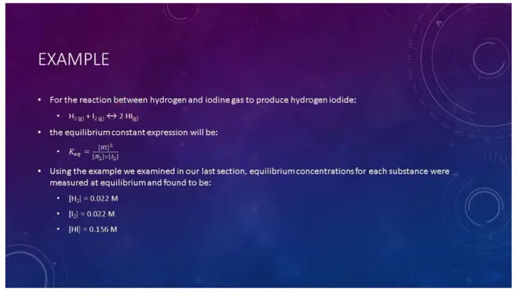Then we have the concentrations of the reactants raised to their coefficients, but their coefficients are 1, so it doesn't count. And then we multiply those together. We're given some concentrations that we want to fill in and use that to figure out what our Keq is.